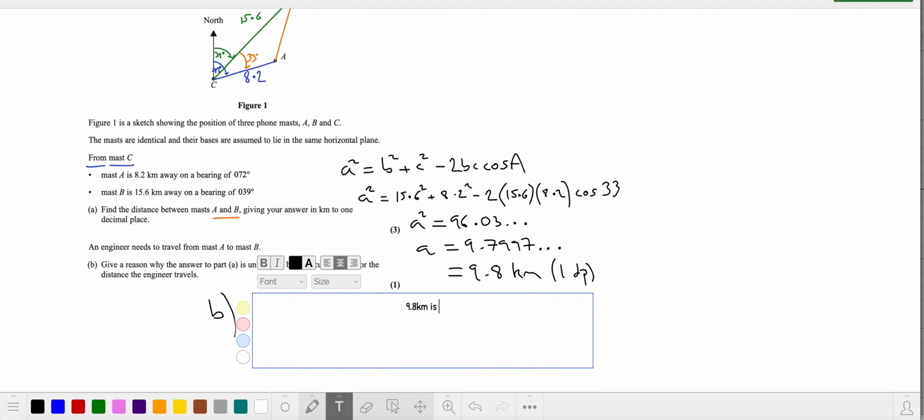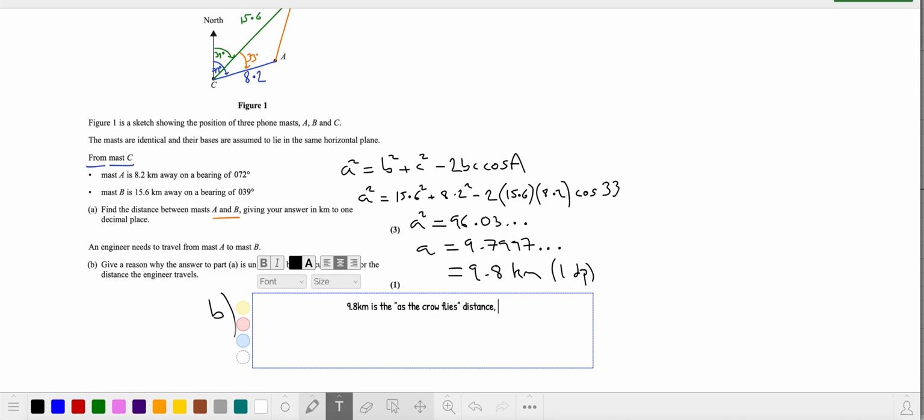But 9.8 kilometers is the as the crow flies distance. What that means is, obviously, if a bird is flying from one location to another, there's no obstacles in its way because it's flying through the sky. So a bird could take the theoretical most direct route between those points.